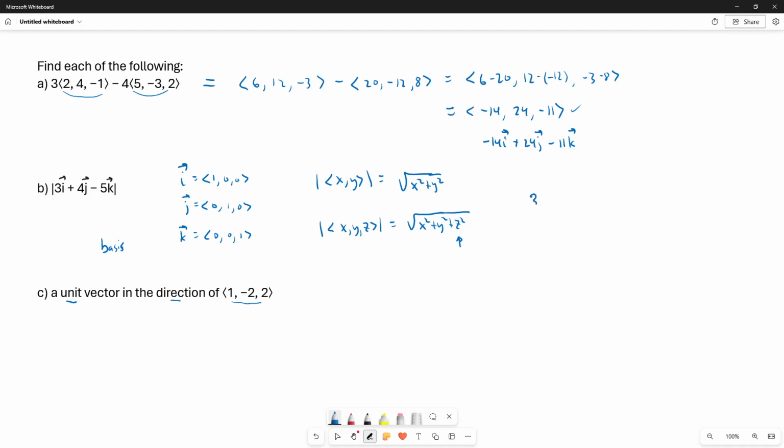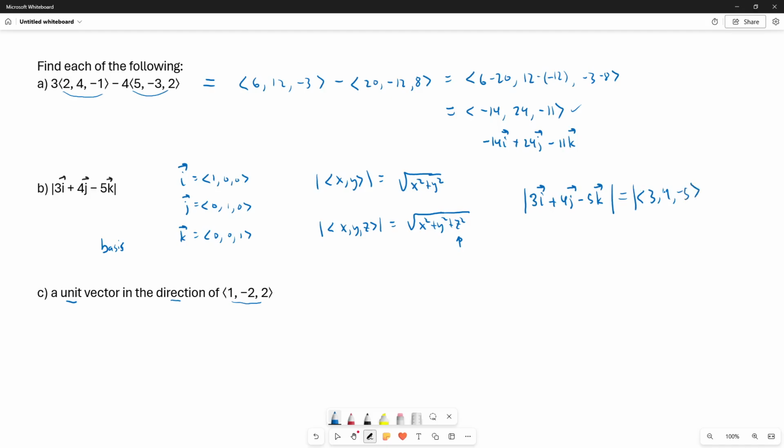Okay, so let's get to the business of finding the magnitude of the vector in the problem. The vector is 3i plus 4j minus 5k. And first we'll write that vector in the form x, y, z. It's 3, 4, negative 5.